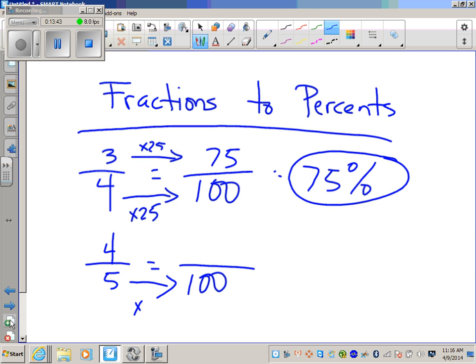Not 50, but close, 20. So if that's how I got from one to the other, by multiplying by 20 on the bottom, multiply by 20 on the top, and I get 80%. Is that easy?